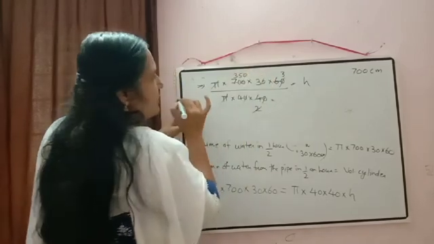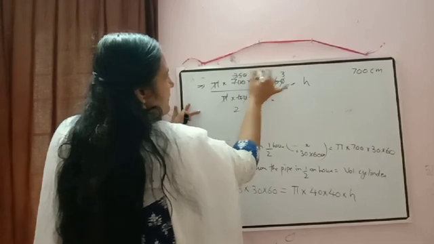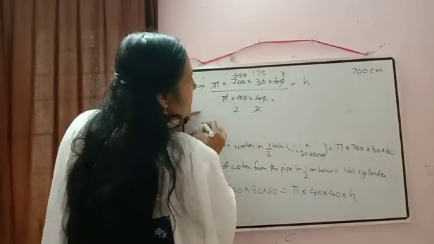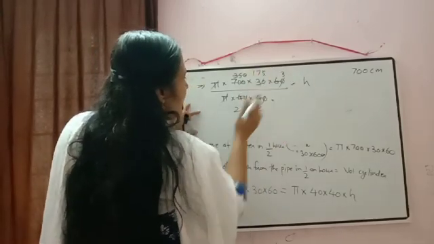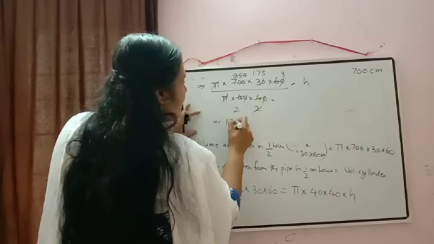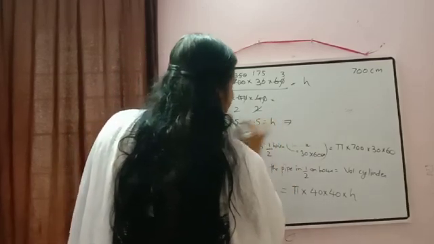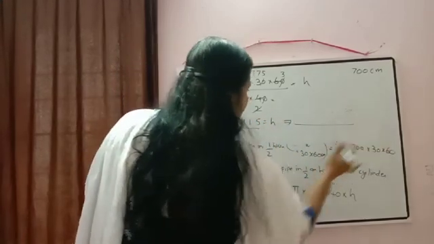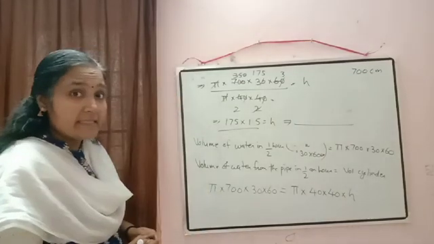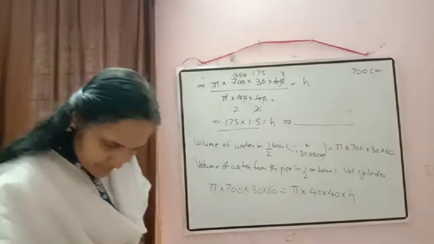So here it will be equal to 350. 2 2s are 4, 2 7s are 2 5s are. So I think remaining is 175 into 3 by 2. 3 by 2 will be equal to 1.5. So 175 into 1.5 is equal to height. Just do the multiplication and write down the answer in centimeter.